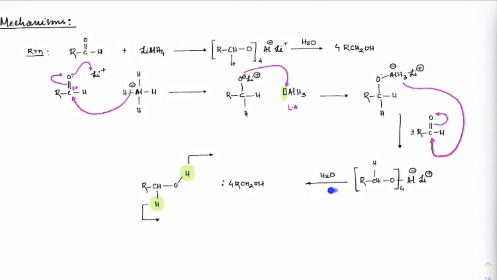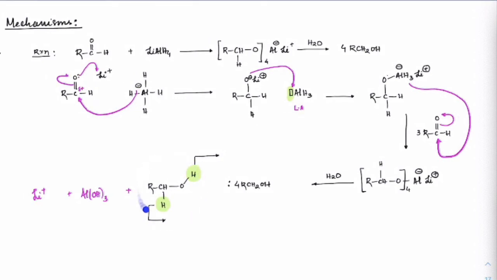Now when you hydrolyze it, all these 4 moles will become alcohols, right? Aluminium will become Al(OH)3, got it? Lithium plus will come out of it, and finally we will get this alcohol form.